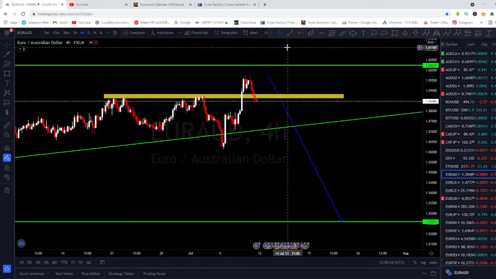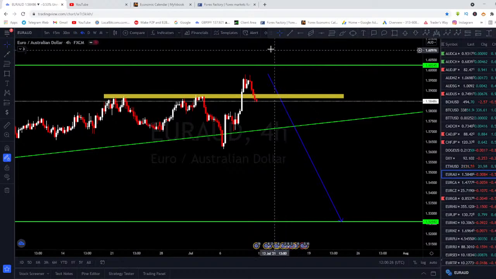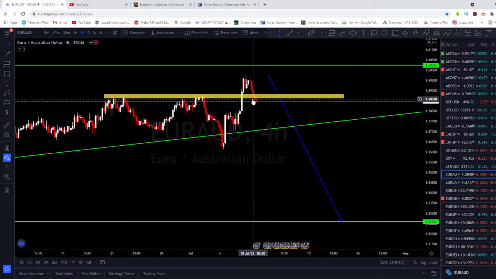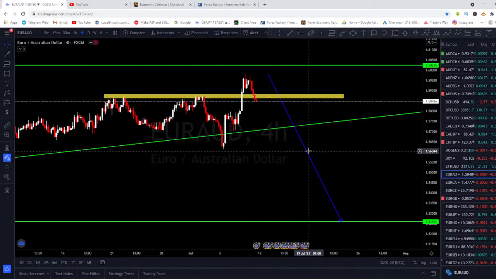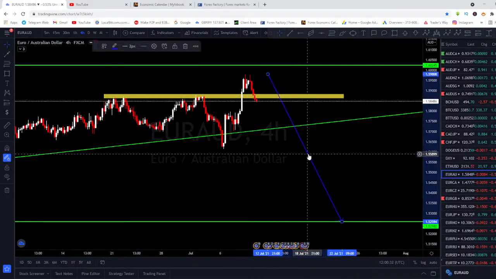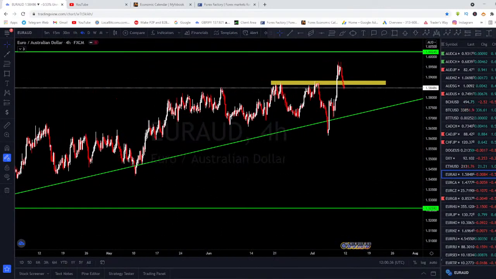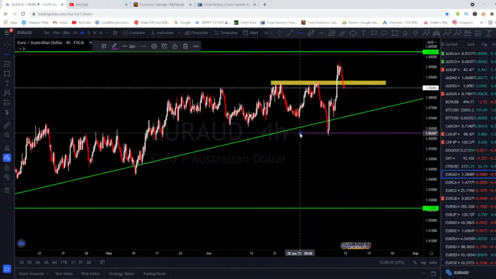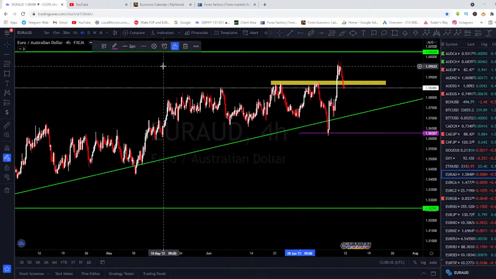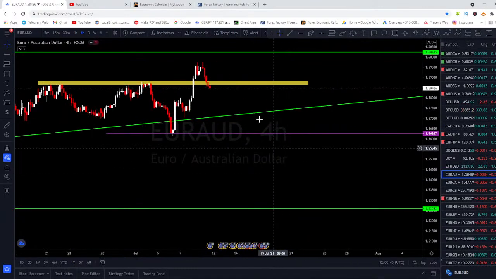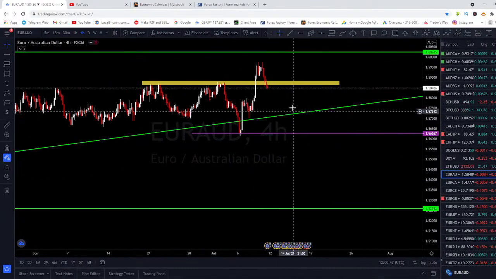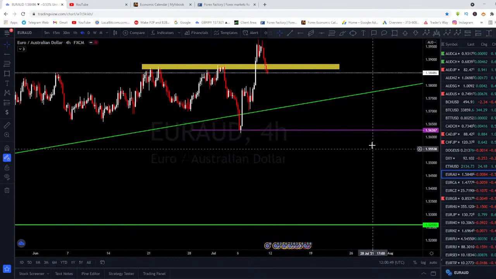But right now, what is happening is that the market is trying to break out of it and continue to push back down to the downside. So what you are supposed to do now is put another support level right here. So if the market eventually breaks out of this and retests it, boom, it's going to go back down to the downside.